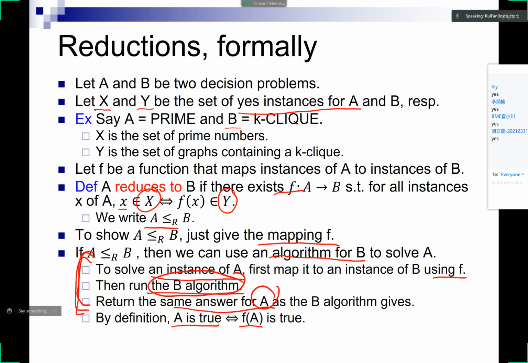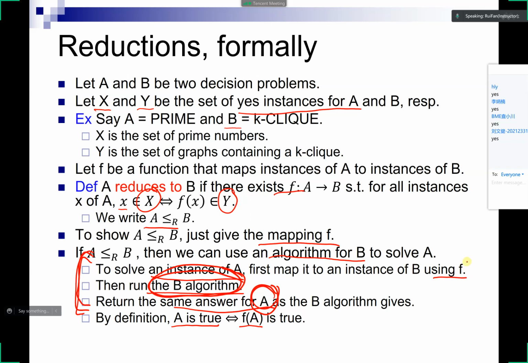And if you have a no instance of A, then f of this instance is a no instance of B. So when you run the B algorithm, you get no as your answer, and so you also return no for the A problem. And again, that's correct.